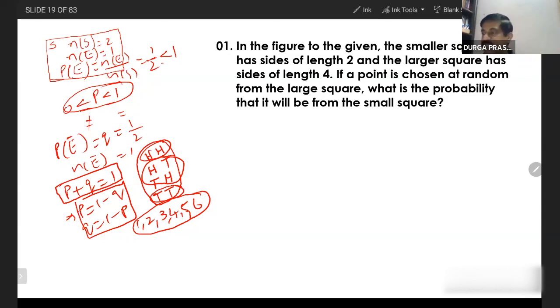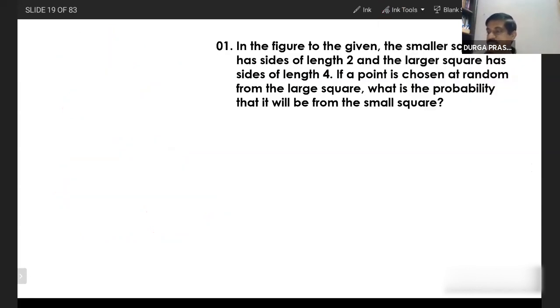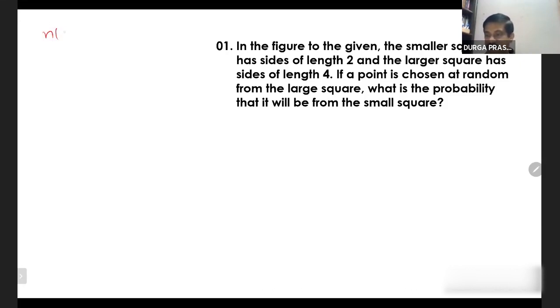Now let us take some more examples of events or an experiment in a given sample space. Let us say I throw 2 dice. What are all the possibilities I can have? N of S for 2 dice: the first die has 6 possibilities, and the second die also has 6 possibilities. So the total number of possibilities is 36. Now, what are they? First die showing 1 and second die also 1, or 1, 2, 1, 3, 1, 4, 1, 5, 1, 6.